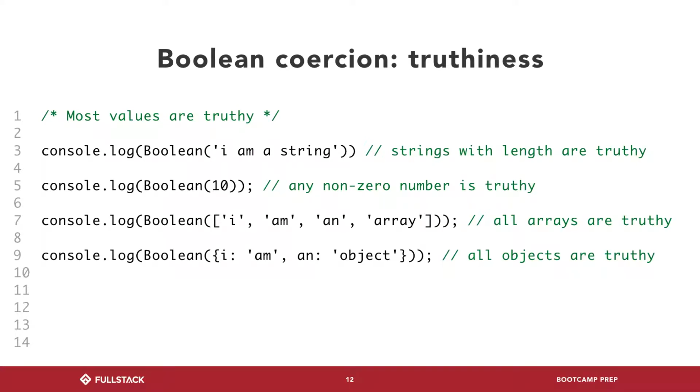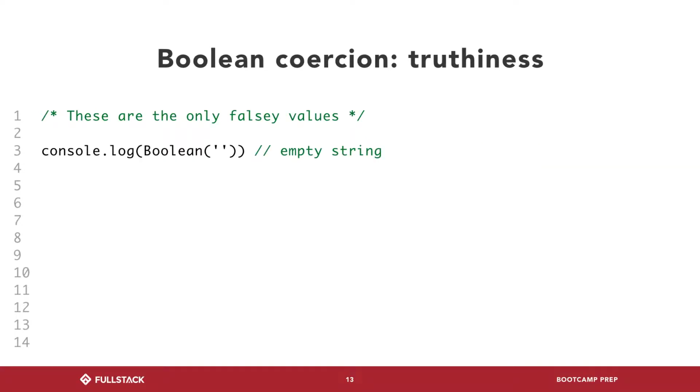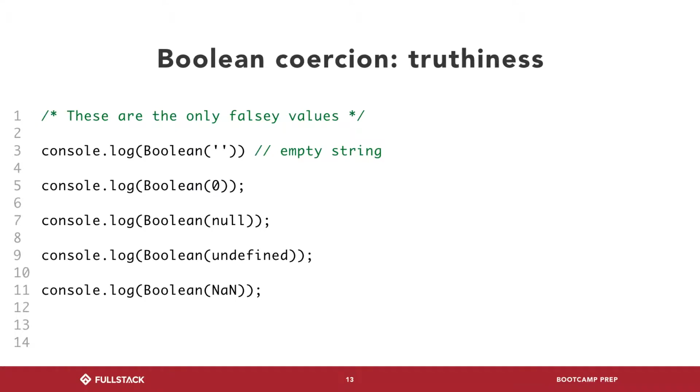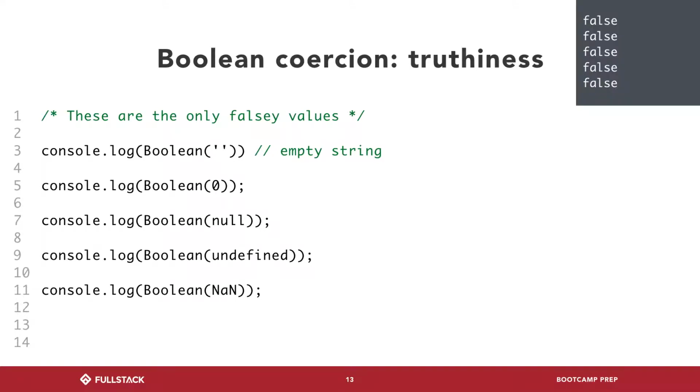Most values are truthy, and actually, in terms of understanding what's truthy and what's falsy, it's a lot easier to understand what's falsy, right? So these are the only falsy values you'll see in JavaScript, right? For a string, the only false string is an empty string. For a number, the only two false numbers are either 0 or something called not a number, NaN, on the very bottom there.